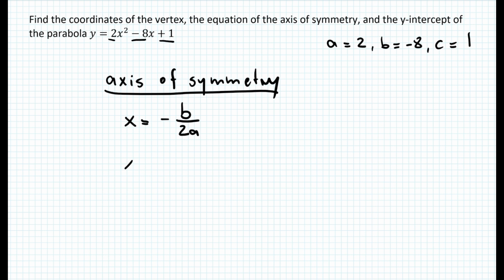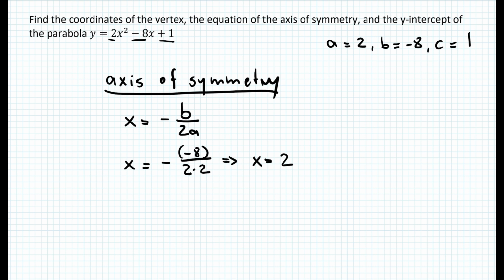So that means that the axis of symmetry, x is equal to negative, and now we have in the numerator negative 8 over 2 times 2. Okay, so we end up with an axis of symmetry which is equal to 2. And we already did that before, right?